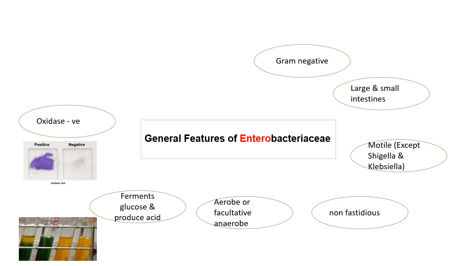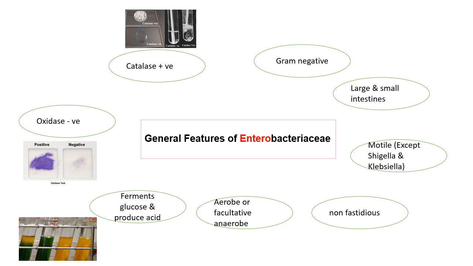Another very, very important test that gives Enterobacteriaceae their special feature is the oxidase test. All of them are oxidase negative, which means it does not turn the color of the reagent into purple. It remains neutral, and they are all catalase positive. Now, catalase is the test where hydrogen peroxide is converted into water and oxygen, and it produces bubbles in the reaction.